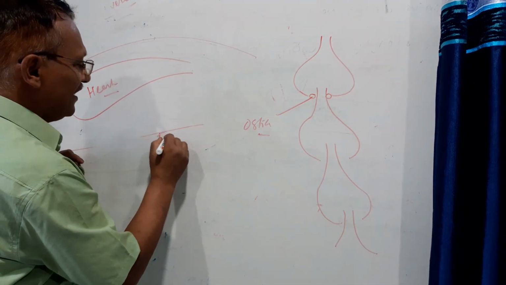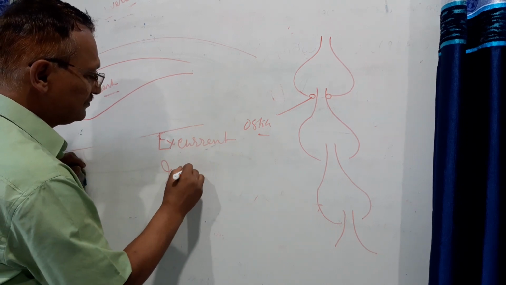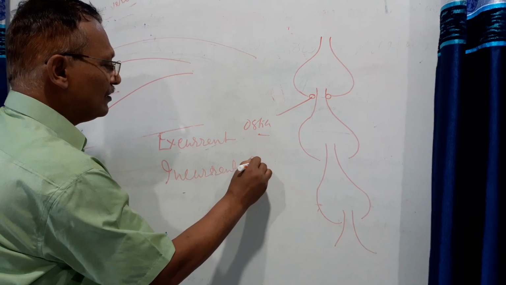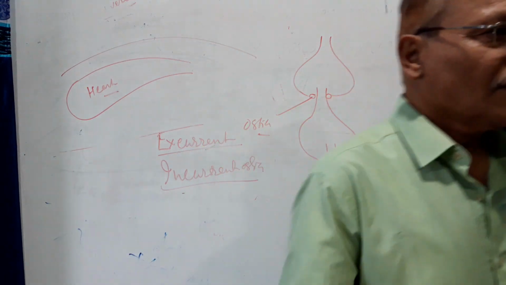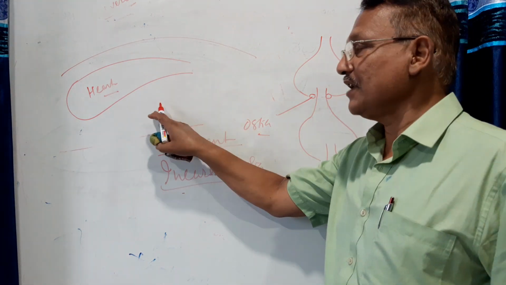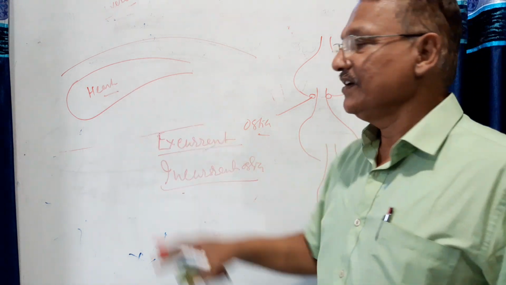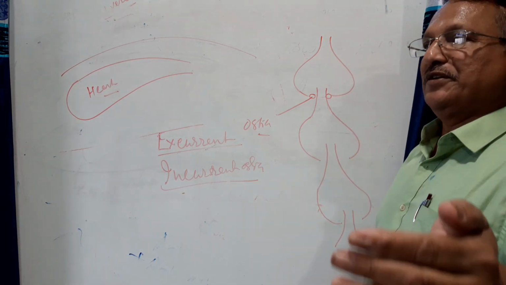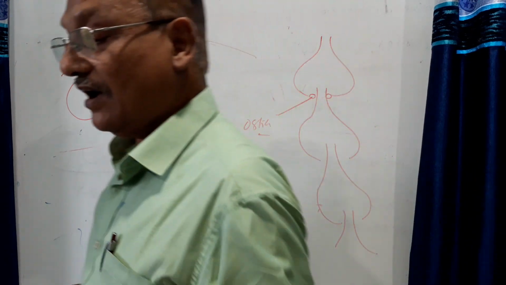Incurrent ostia means circulating fluid enters the heart from the hemocoelic space. Excurrent ostia means blood or circulating fluid is expelled from the heart to the outside.